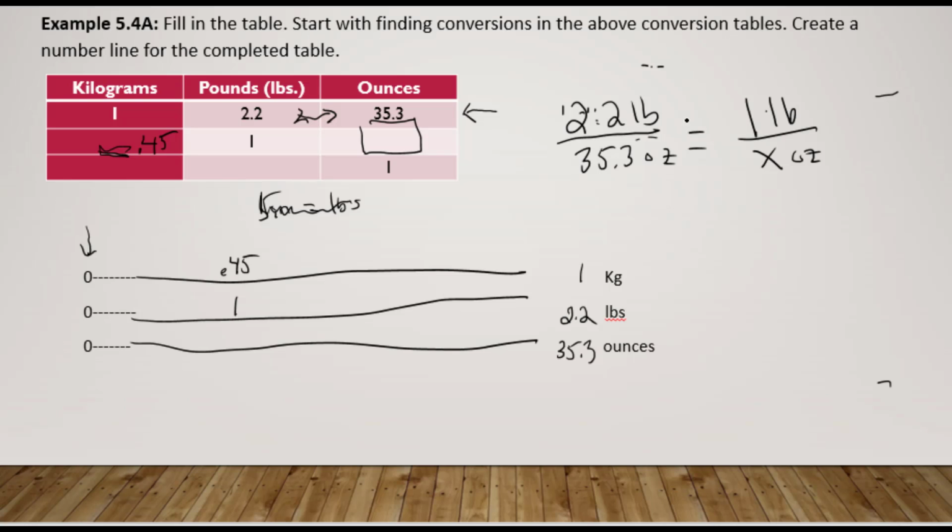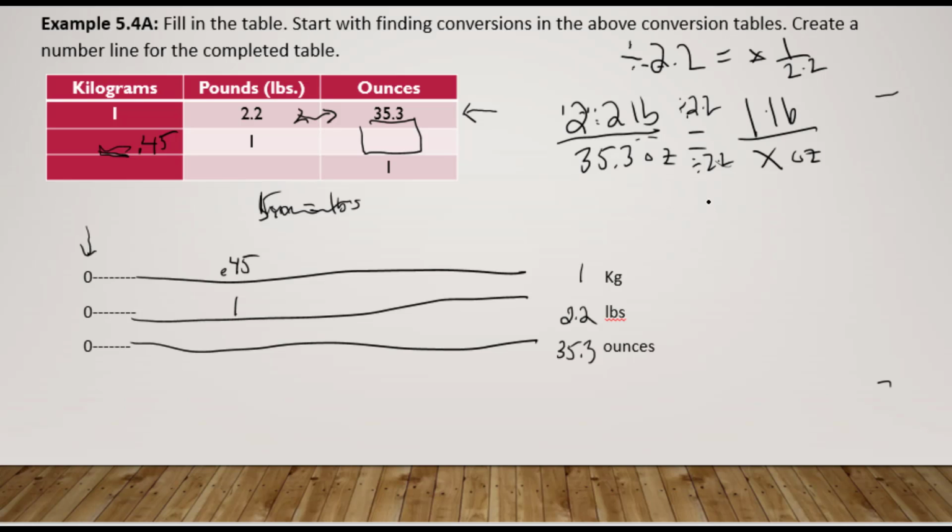Now, you can cross multiply and divide this, but there's another way of doing it. What if I say, let me divide the numerator by 2.2, and then I can divide the denominator by 2.2. And that is actually the number 1, 2. Dividing by 2.2 is the same thing as multiplying by 1 over 2.2.